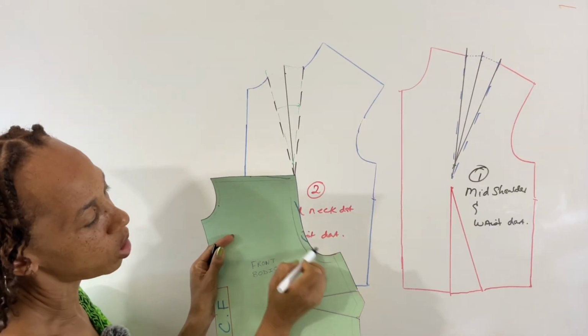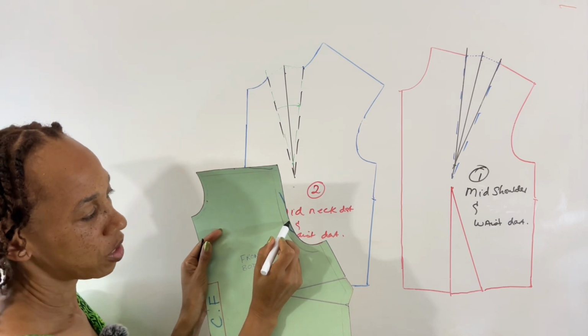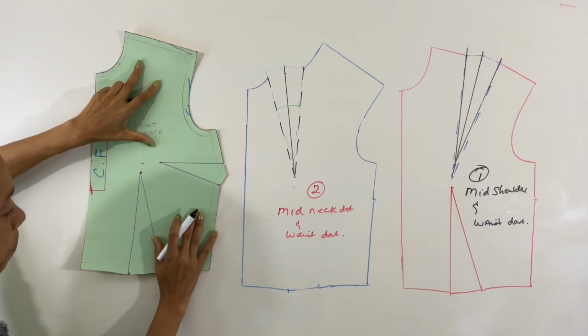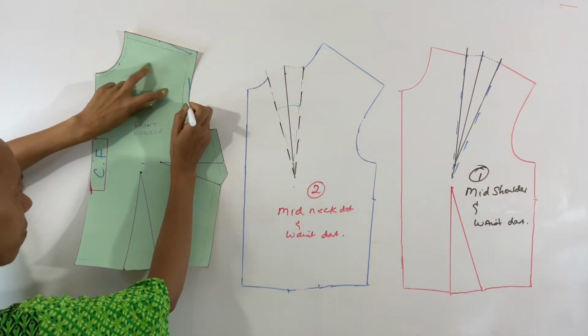This is my armhole, and I'm going to find my midpoint here. And my midpoint is going to be right here. So what I'm going to do, I'm going to trace from the midpoint all around, and let's get started.